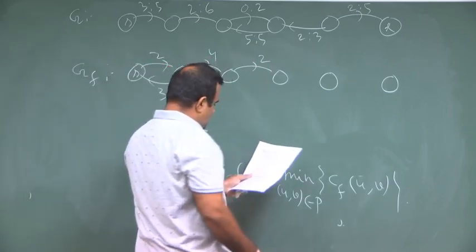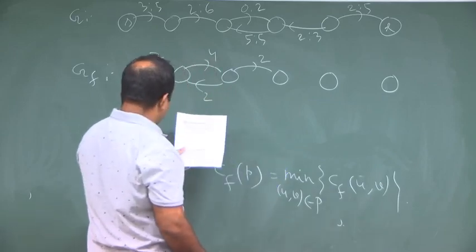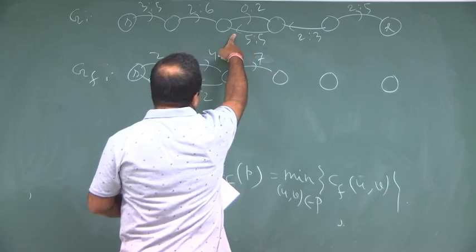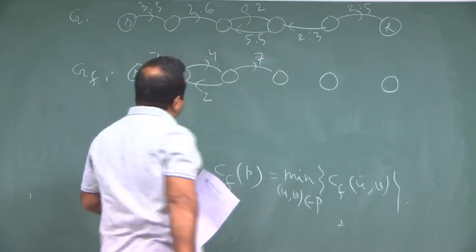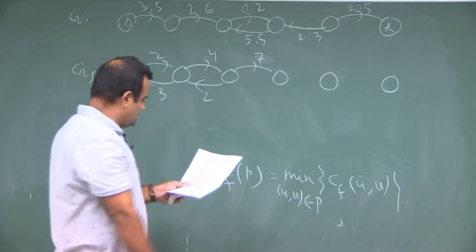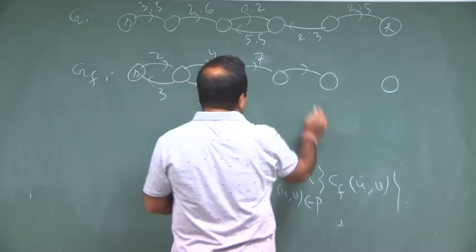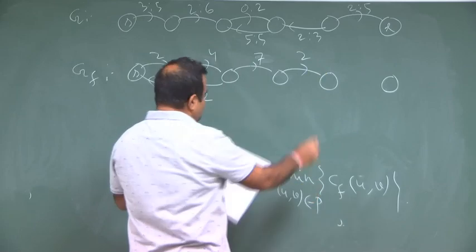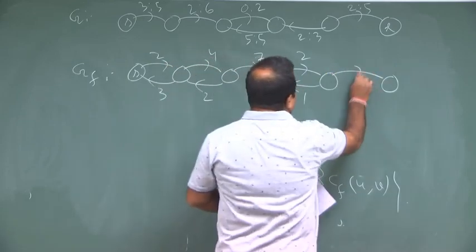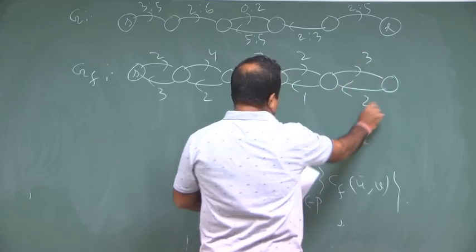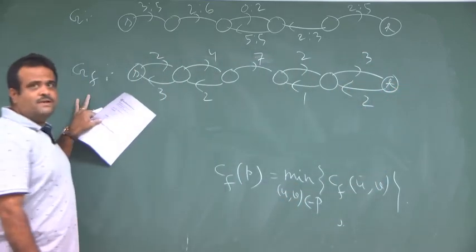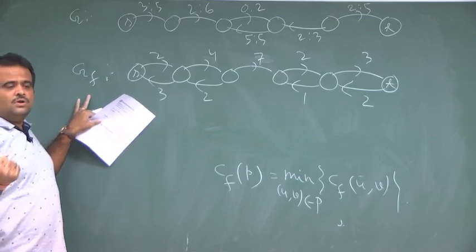Here to here it is 7, because 5 current is coming: minus 2 minus of minus 5 is 7. Here to here we can pass 2, here to here 1, here to here 3, and here to here 2. So, this is the augmenting path from S to T.